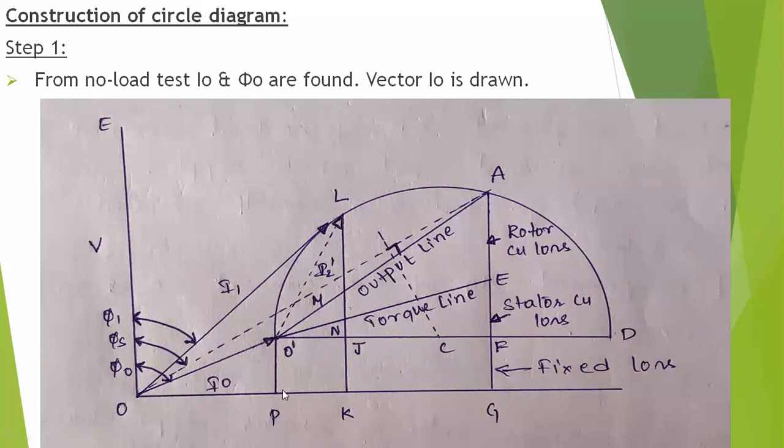It represents the no load input which supplies core loss, friction and windage losses, and also a small amount of stator I square R loss.